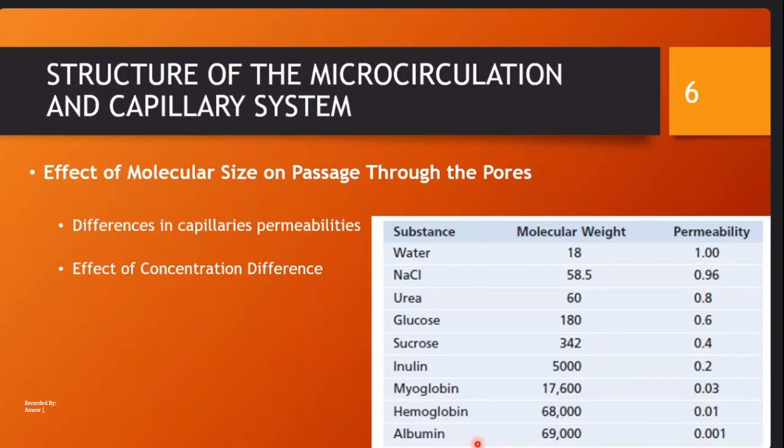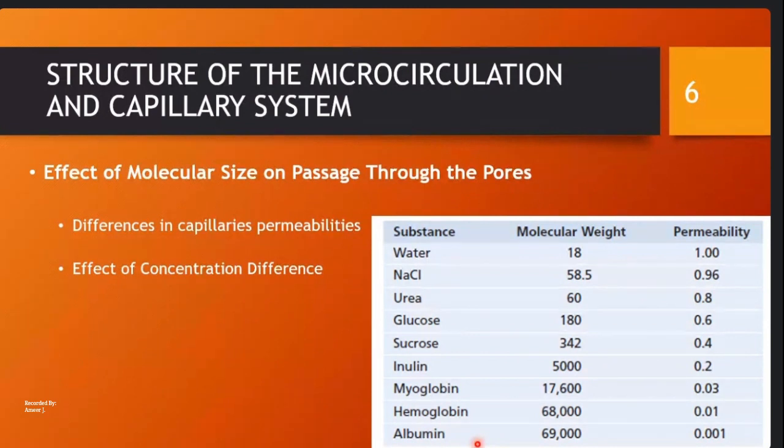Another factor that affects the crossing of different materials across the capillary wall is the concentration gradient or concentration difference. You know that when a molecule has a high concentration gradient, it is more easily transferred from the capillary vessel into the interstitium.